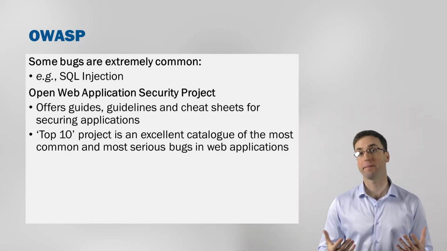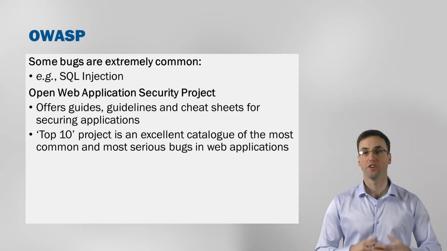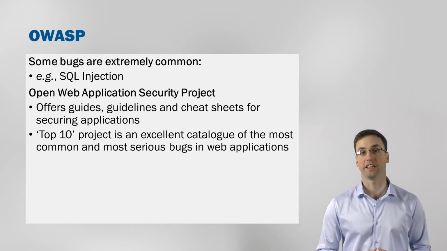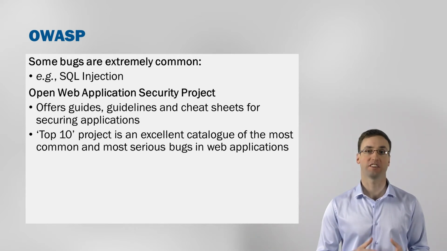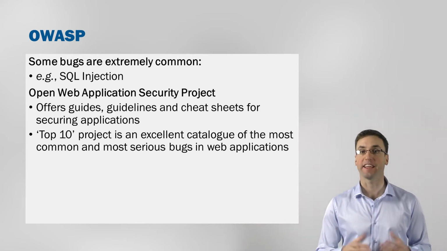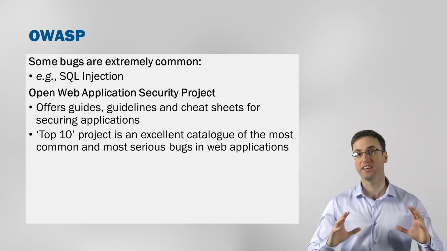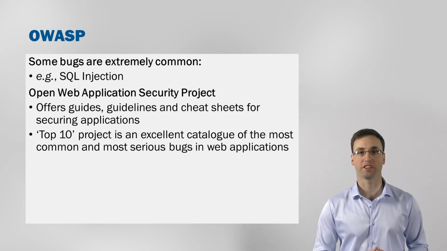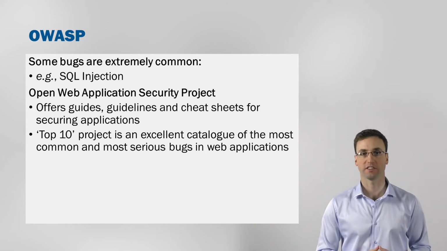Fortunately, there are common patterns in security problems. Not every security issue is completely unique. In fact, some mistakes are extremely common. They keep occurring again and again and again. They keep happening because sometimes the simplest and most easy way to do something is actually the most dangerous.